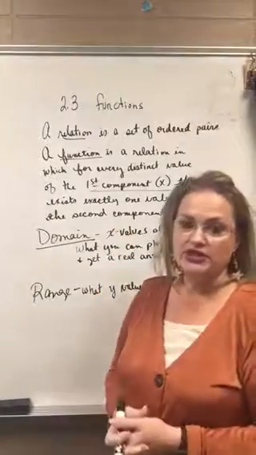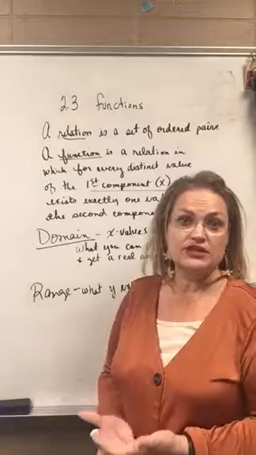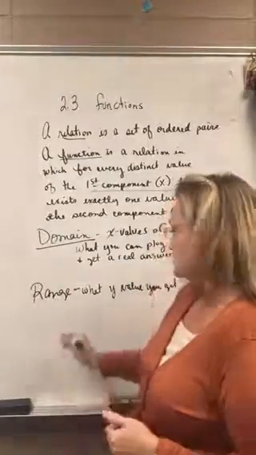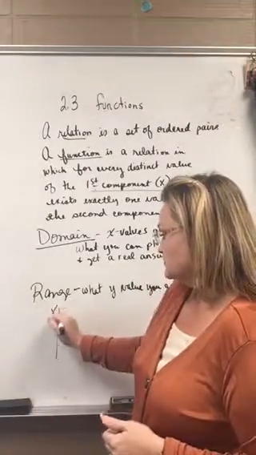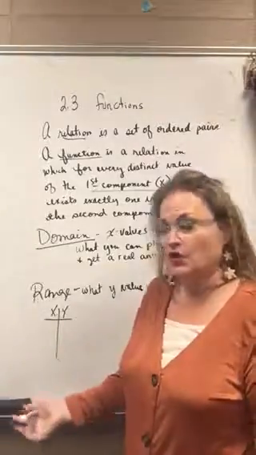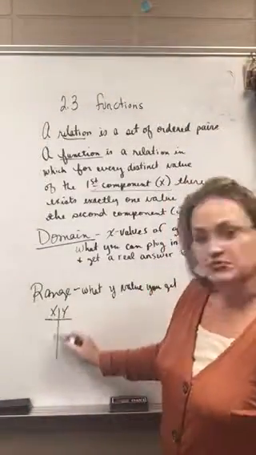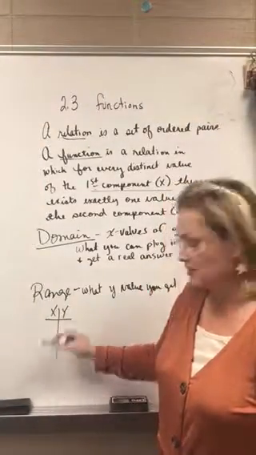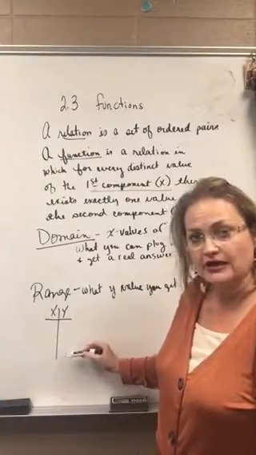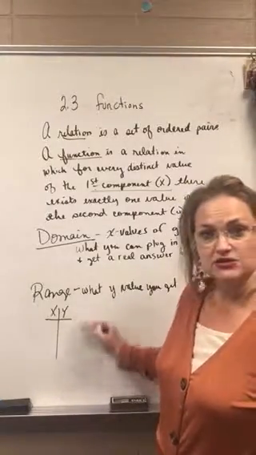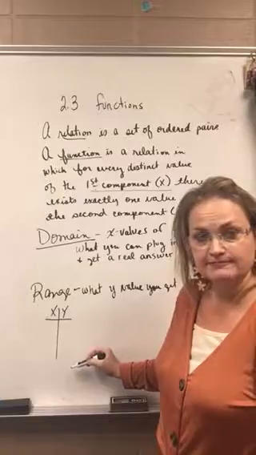Say you're looking for the domain and range of an equation. What are the output values? If you were making a t-table to graph any type of equation, the domain is what you can plug in for x and get a real answer for y, and the range is, well, what kind of answers do you get for y?